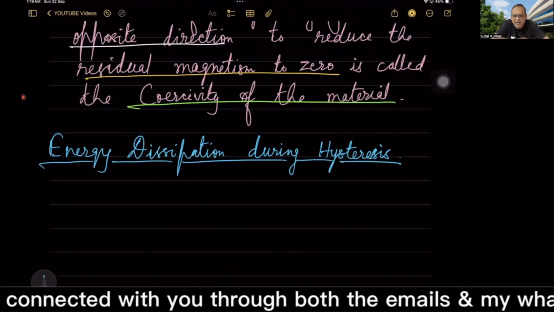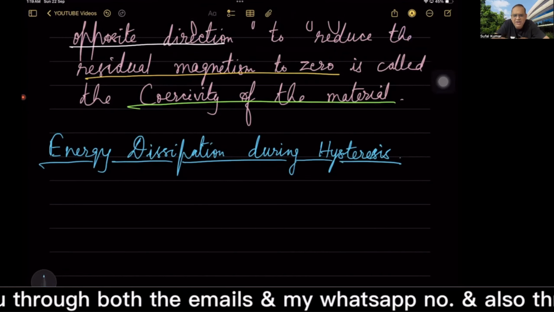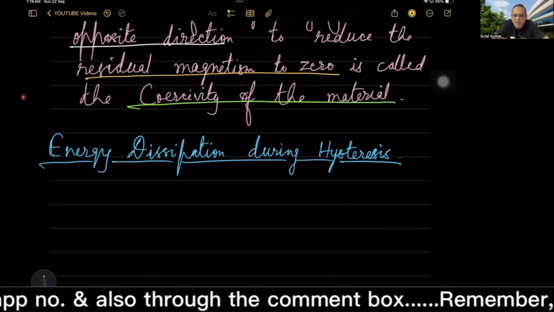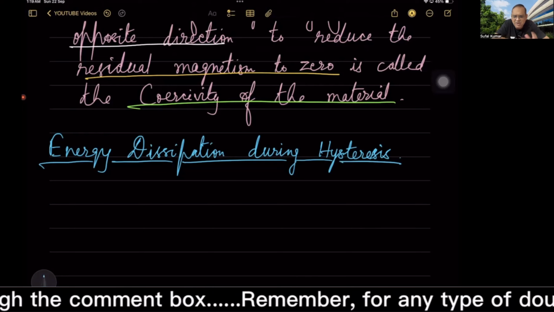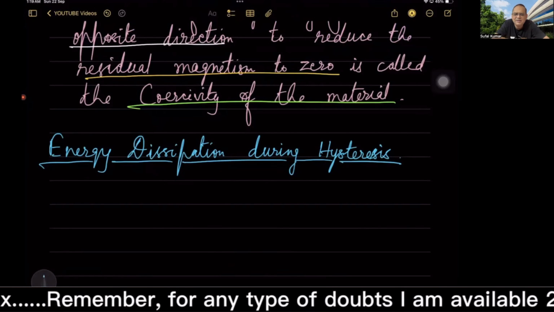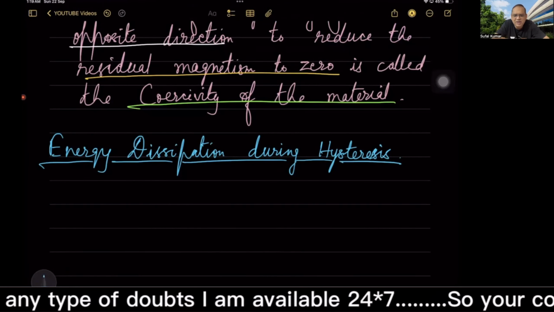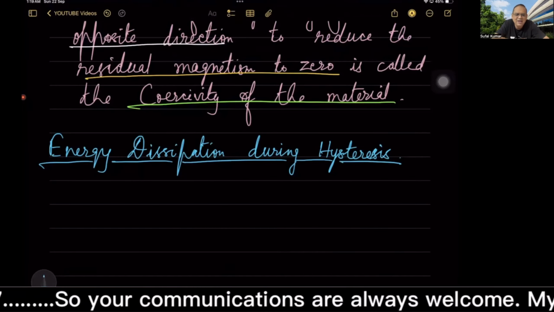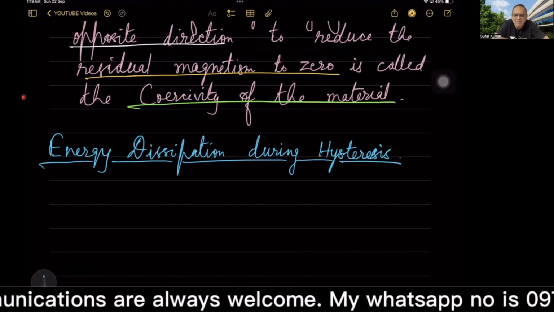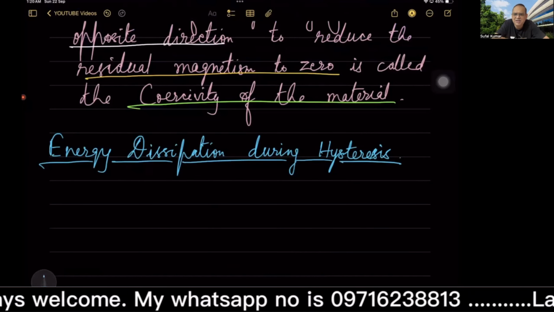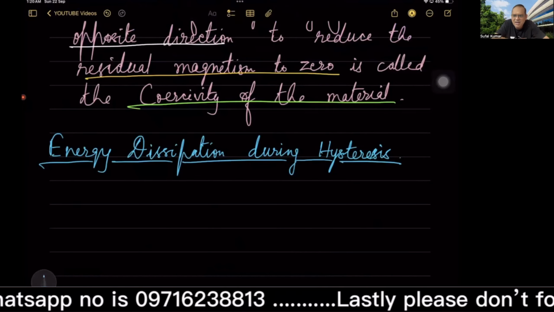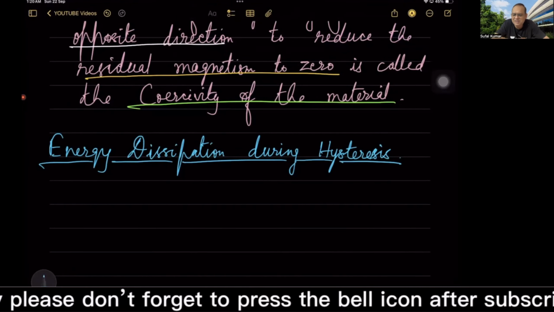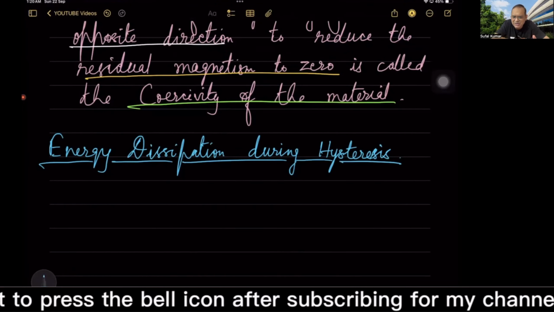When any current is made to pass through the resistor, then the resistor offers some resistance, and because of that obstruction, heat is dissipated across the resistor. Same way, when any magnetic material is subjected to magnetization, then it also offers some resistance towards magnetization.